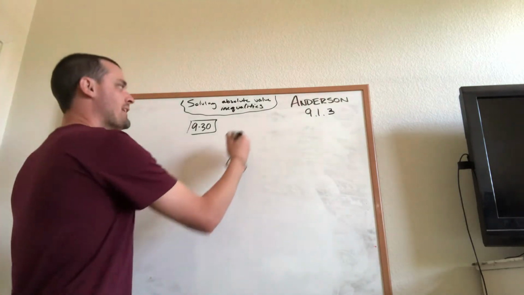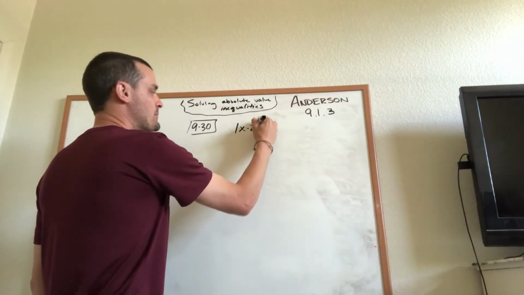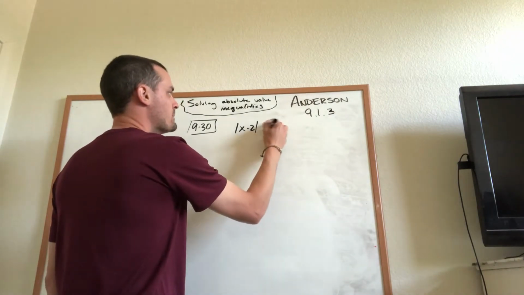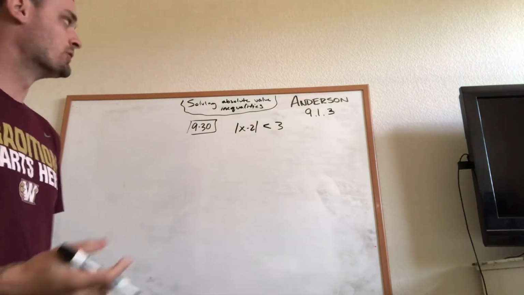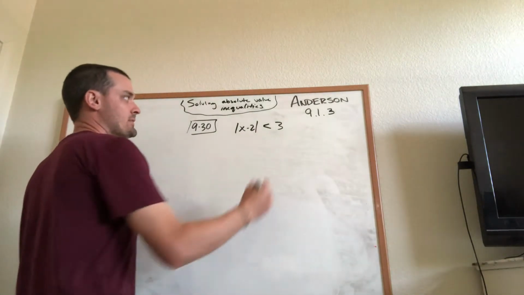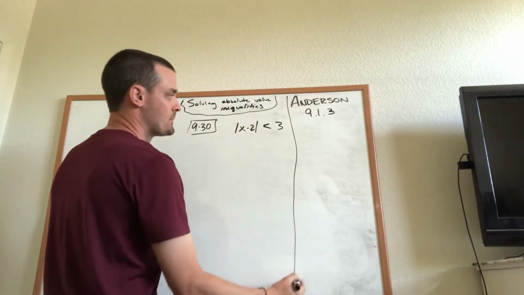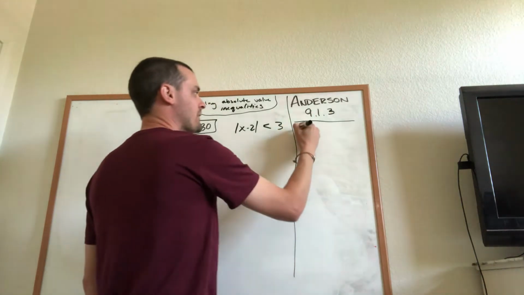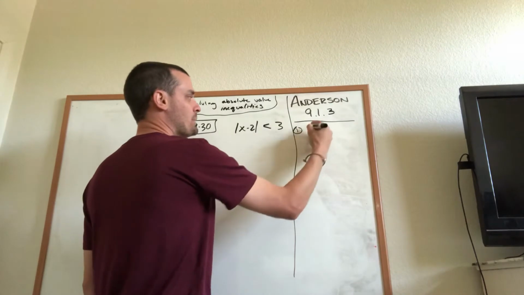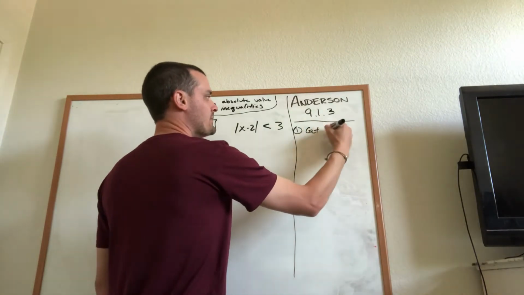So we have absolute value of x minus 2 is less than 3. So whenever we are solving absolute value inequalities, our first step is to get the absolute value on a side by itself.